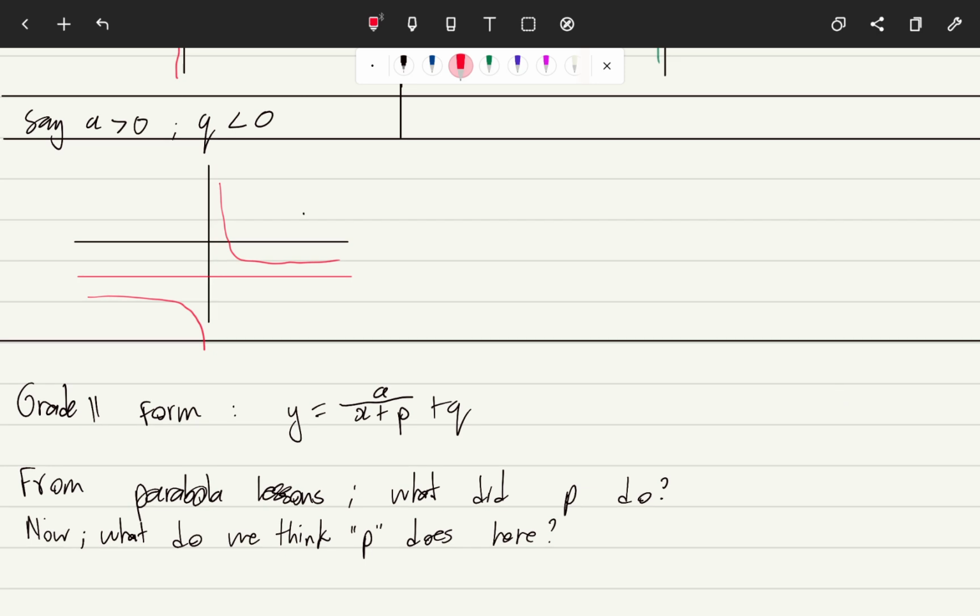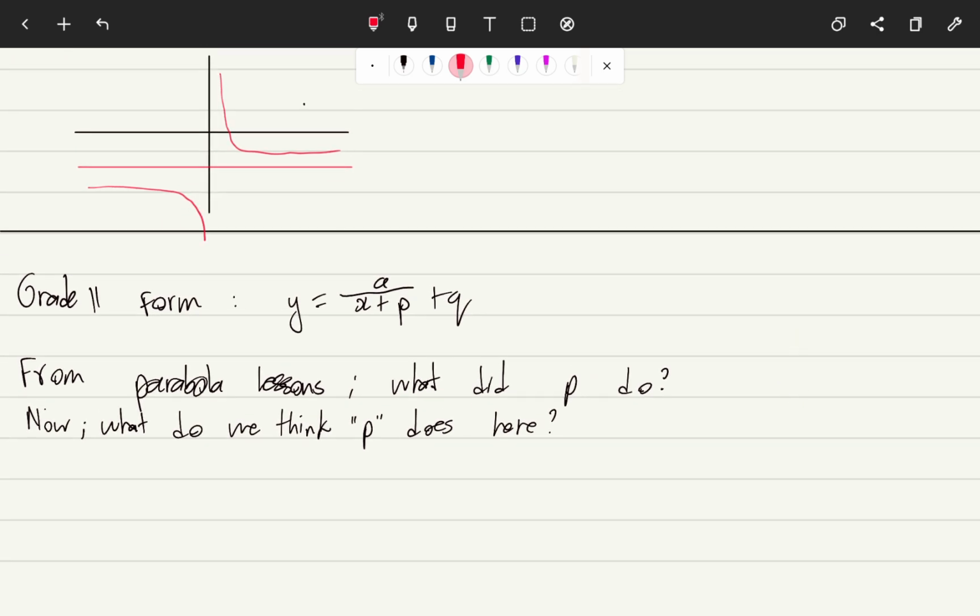But I know from grade 10 we did a lot of hyperbola, and we still have in mind what a hyperbola looks like, right? If a is positive, it will be on the first and third quadrants. If it's negative, it will be on the second and fourth quadrants, right?